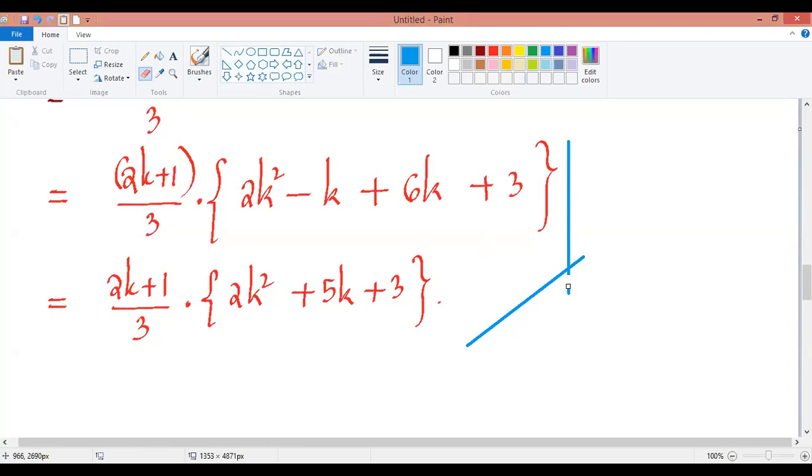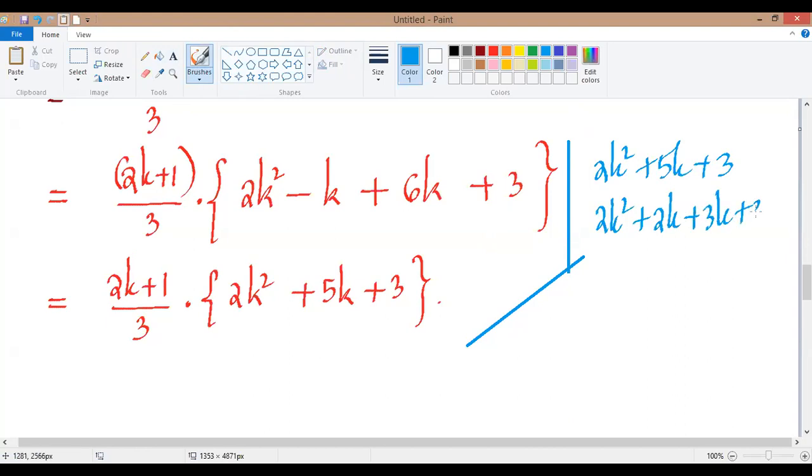Let's try to factorize from the sides here. So we want to factorize 2k squared plus 5k plus 3. That is the same as 2k squared plus 2k plus 3k plus 3. And that is the same as taking out 2k, and you get k plus 1 plus 3 into k plus 1.